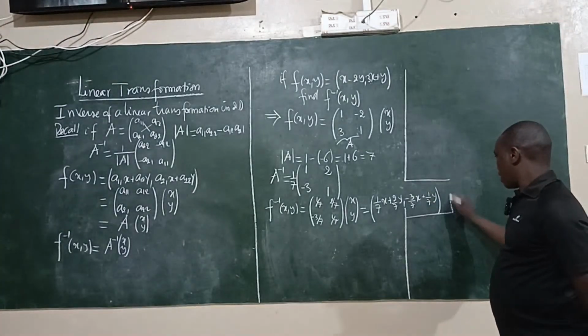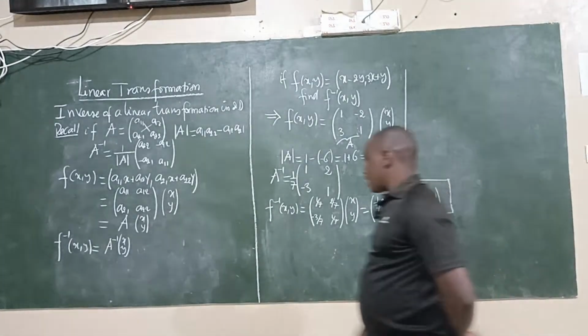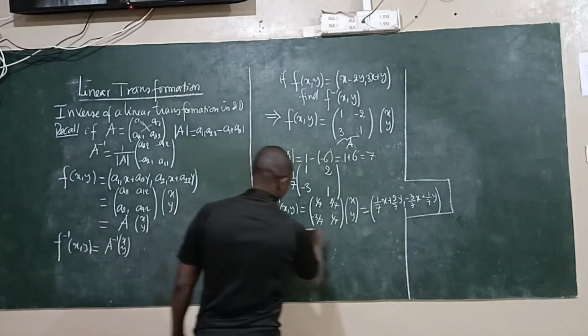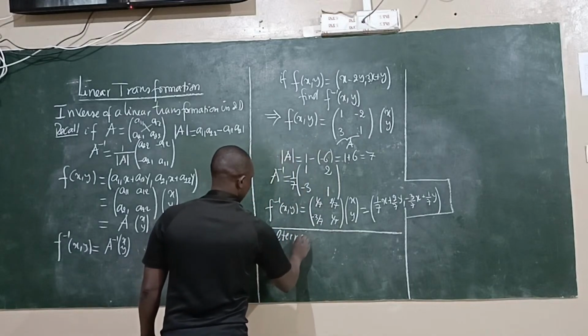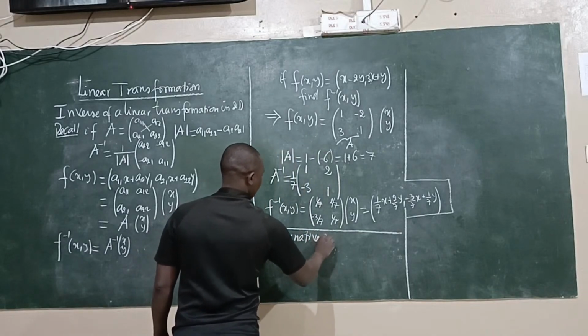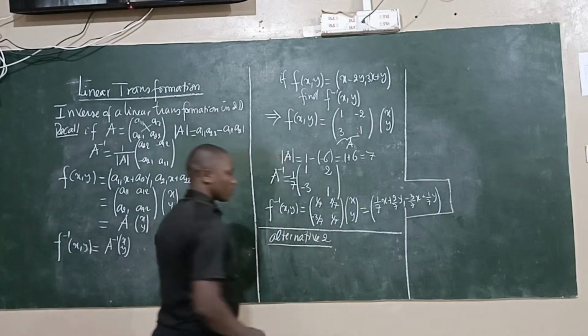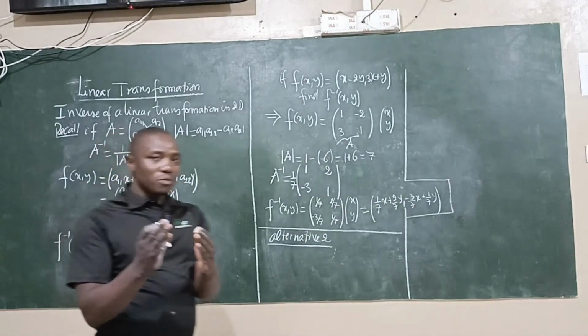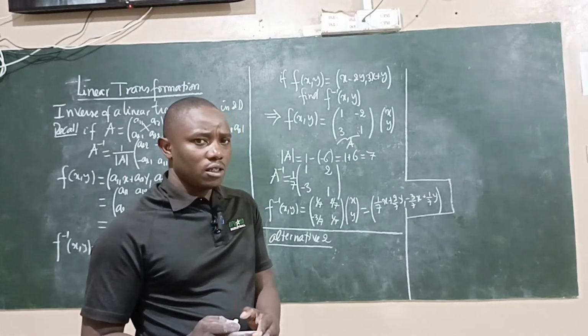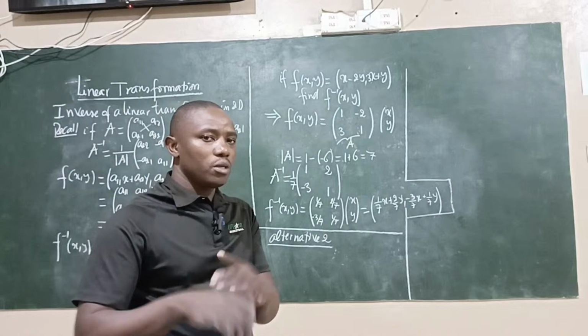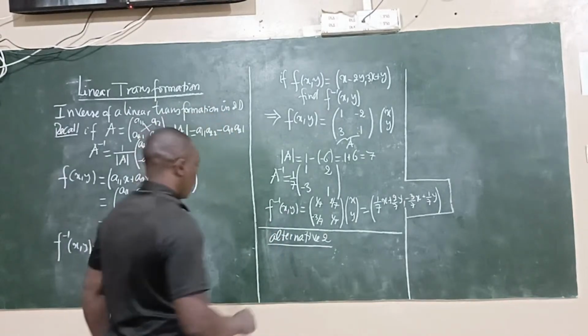The second alternative. Alternative 2. We assume f of xy to be u and v.